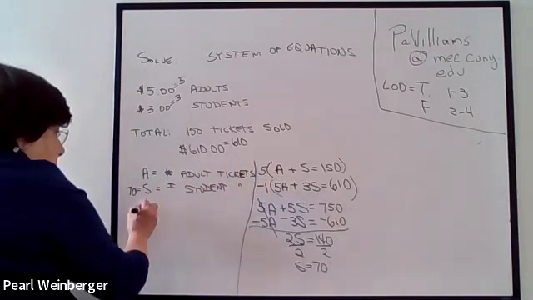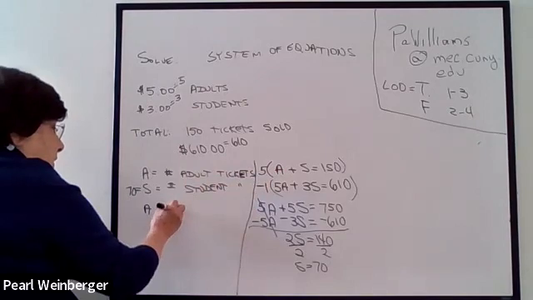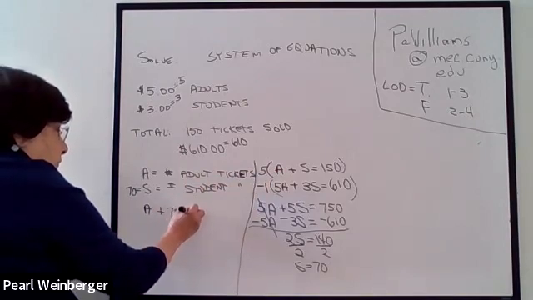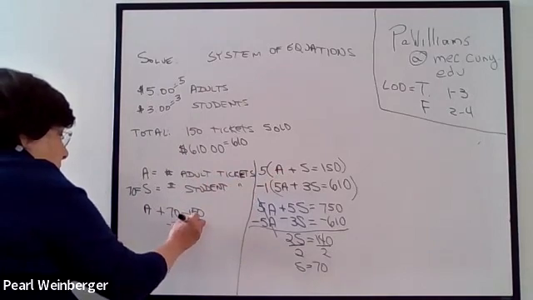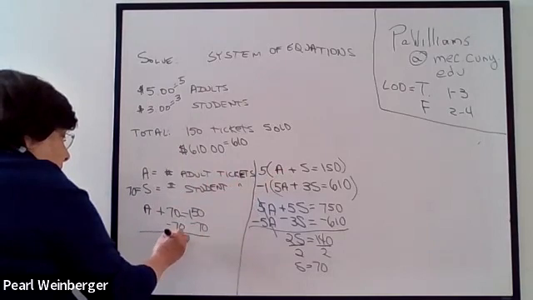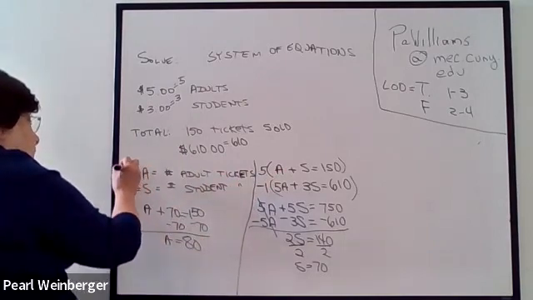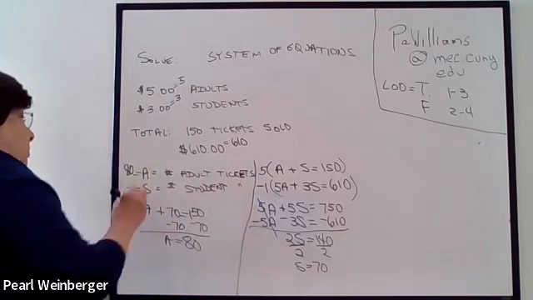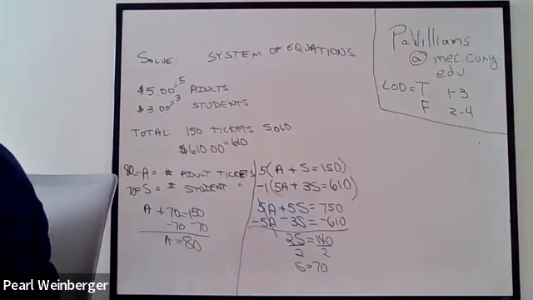A plus S, well, now we know S is 70, equals 150. Subtract the 70 from both sides, and I get A equals 80. So 80 adult tickets were sold and 70 student tickets were sold.